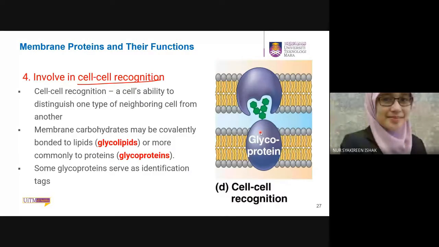Recipient body, kalau dia terima foreign substance, dia akan ada antibody yang akan attack. Orang darah O sebab dia tak ada antigen, so antibody penerima tu takkan attack. Macam tu. Okay, faham ke? Faham tak? Ke tak faham? Faham. Okay.